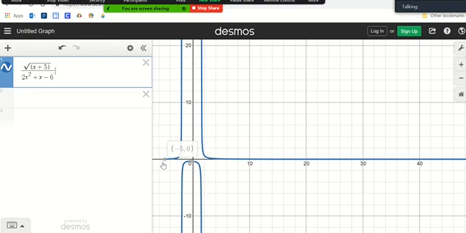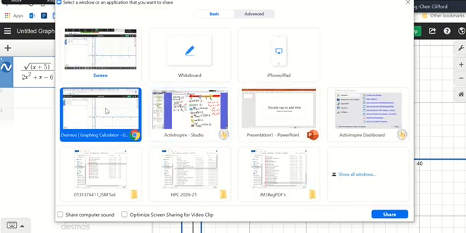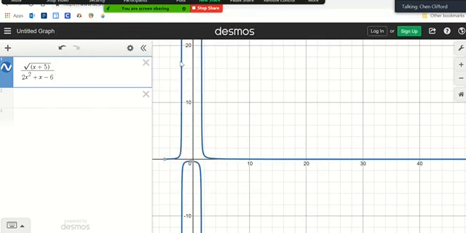Look, in between -5 and -2, the graph is above 0. Okay, -5. Let's look at the x values. It gets closer and closer to -2, or excuse me, it starts at -5 inclusive, and it gets closer and closer to -2, but it never quite hits it. Okay, because there is a vertical asymptote.